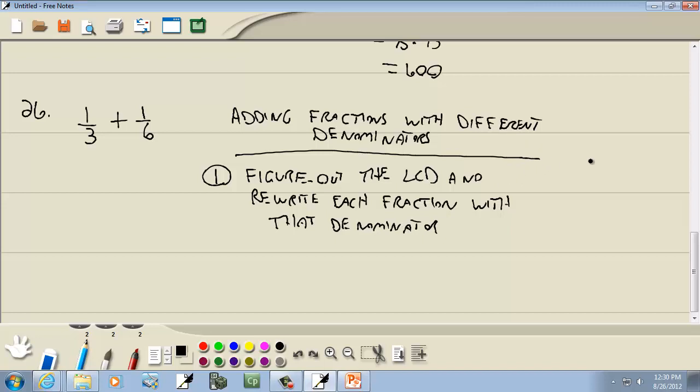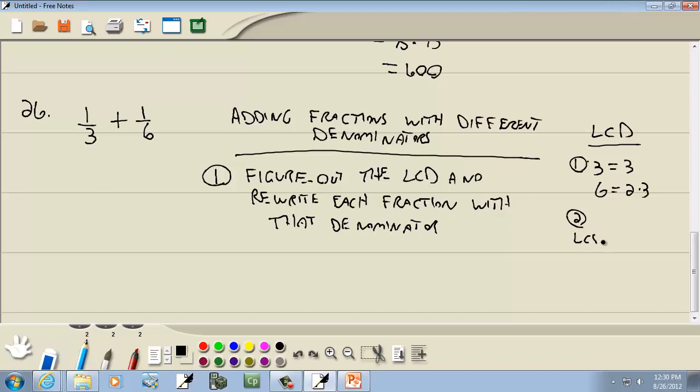So figure out the LCD and rewrite each fraction with that denominator. Now let me do it over here on the side. So we got our 3 and 6. Well, 3 is prime, so we can't do anything there. 6 is 2 times 3.